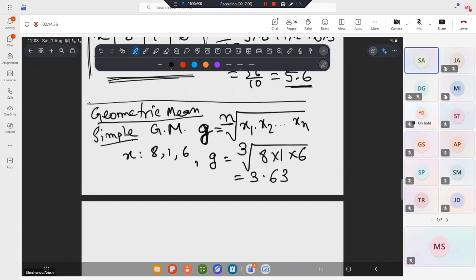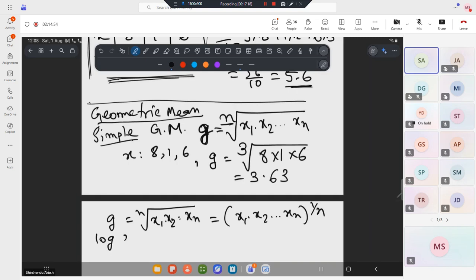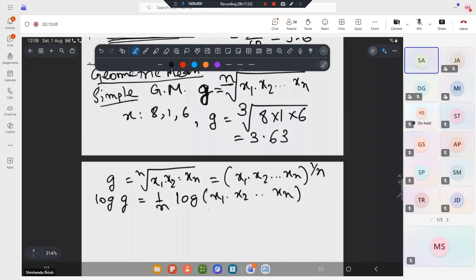Of course, we have options. You can write this equation in a different way: you can take a log on both sides, which can help us. Log base 10 is good enough. So 1 by n times the log of x1 multiplied by x2 up to xn, and we can solve this.